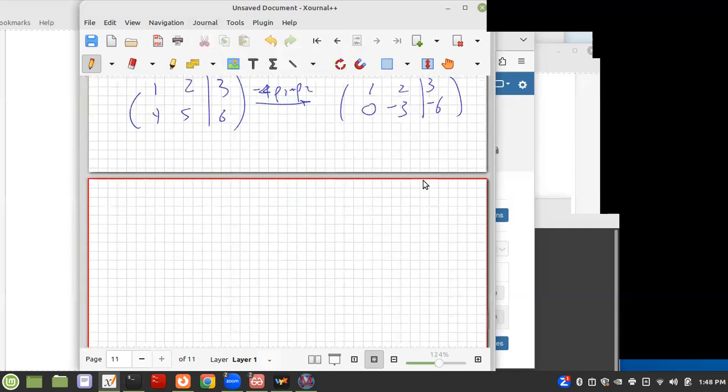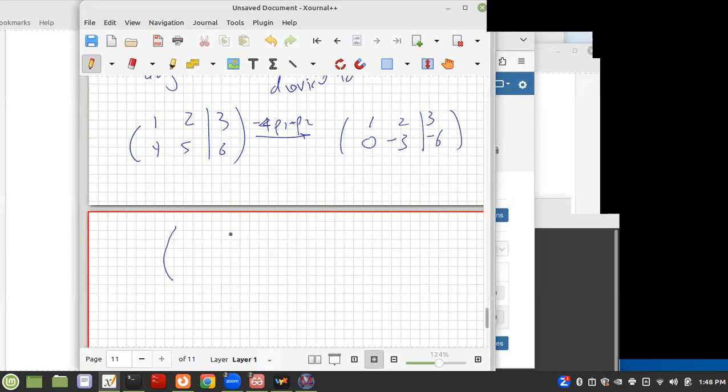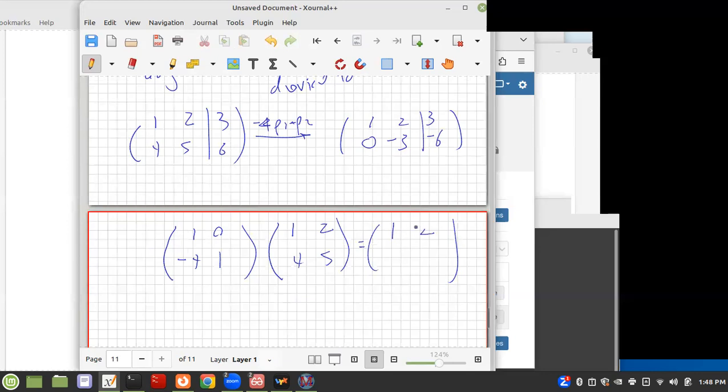So you form 1, 0, -4, 1, and then we multiply that by 1, 2, 4, 5, and we're going to get 1, 2, 0, -3. So you see, you get that up there.